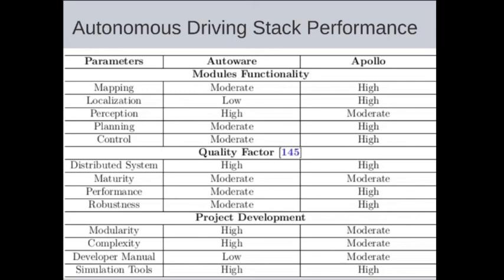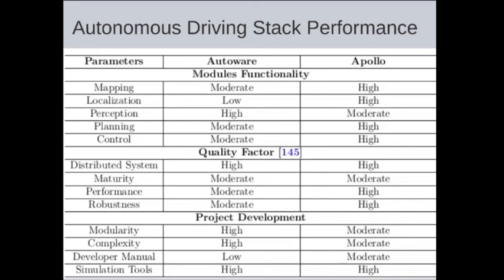In Apollo, mapping was better, localization was working better, and perception was working better in Autoware. Then I needed to use the modular bridge in LGSVL. I'll not explain it now, you can check what the modular bridging is on the LGSVL website.